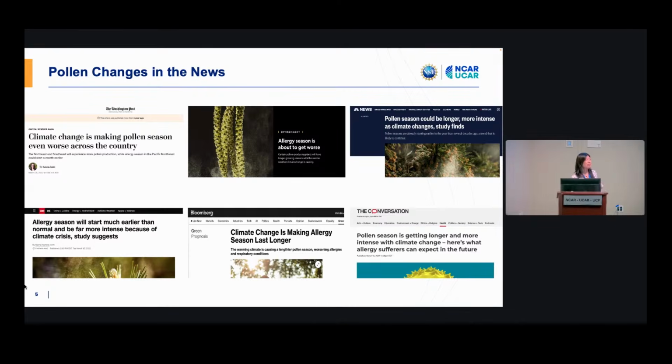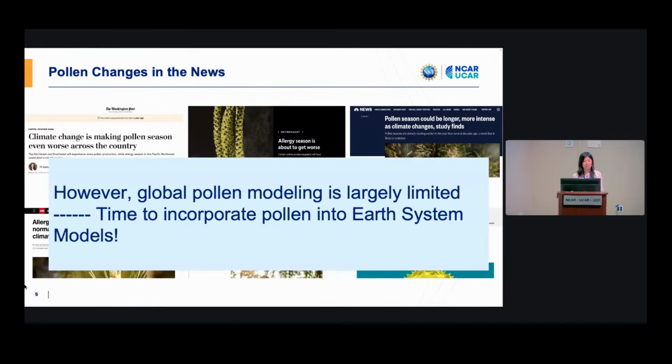As I have been mentioning, pollen can be important for weather systems or public health. So it should be one of the important factors we consider in the Earth system modeling framework. However, currently we do not have a good tool for that. There's no global model for pollen that realistically reproduces pollen concentration at large scale.